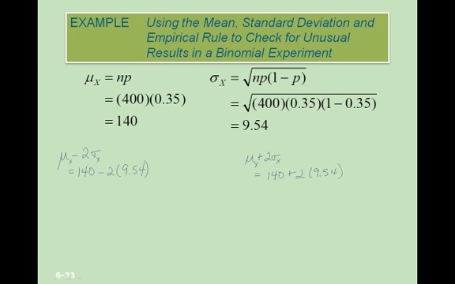So we get an interval then of 120.9 up to 159.1. So what we're saying then is that 95% of our values should lie between those two numbers. So our value of 162 is greater than our highest value, which means it's unusual, since it would be occurring less than 5% of the time.